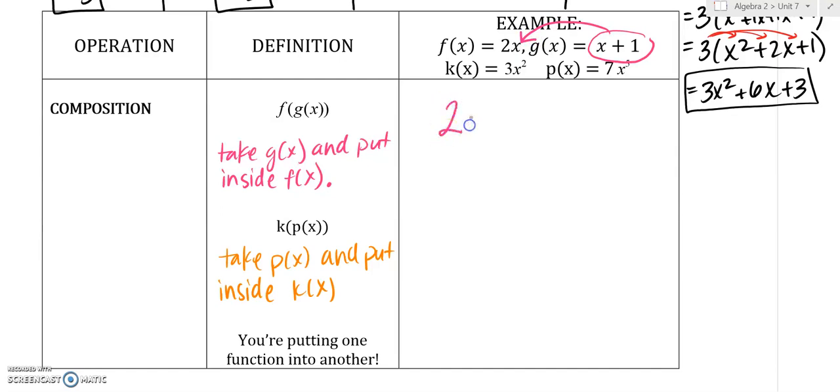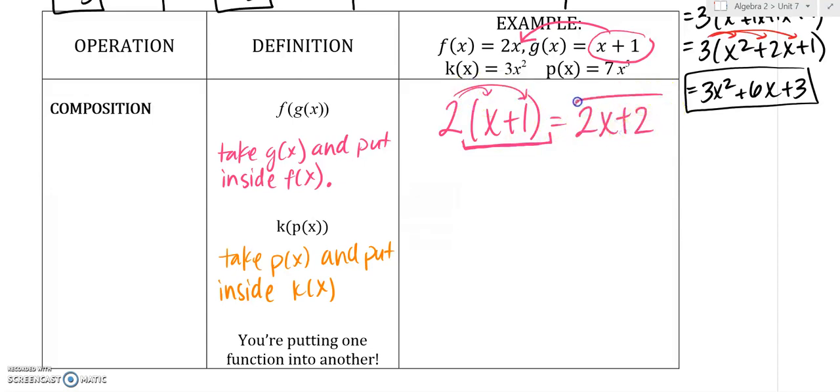So I have the 2. Instead of that x, I put g of x. Does everybody see that originally where I'm bracketing that was an x, but I put g of x there instead? Then I go through my steps of simplifying, so I'm going to distribute, and I get 2x plus 2. I can't go any further, so there's my final answer.